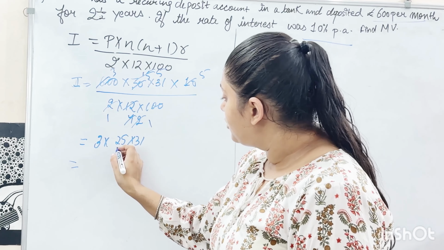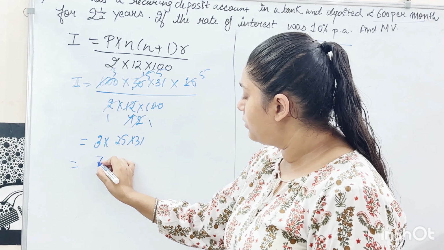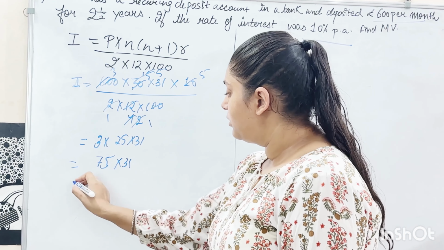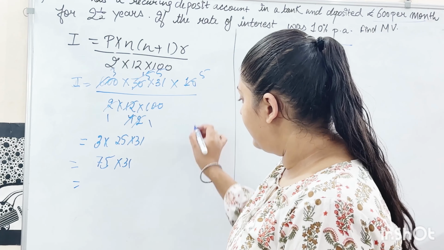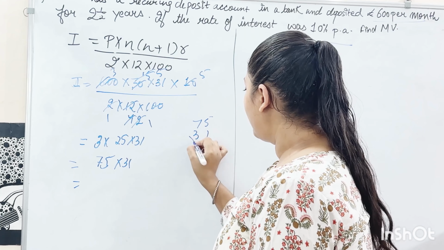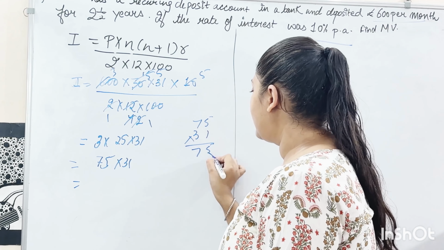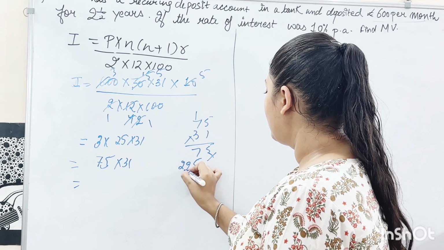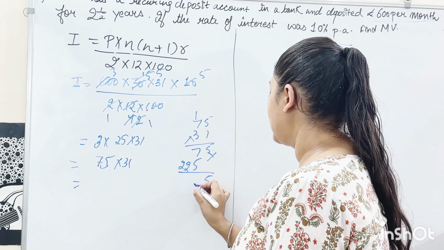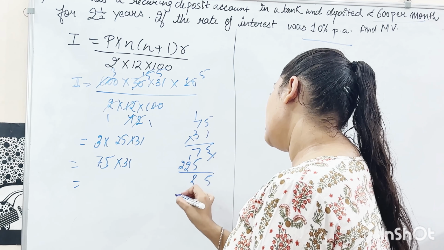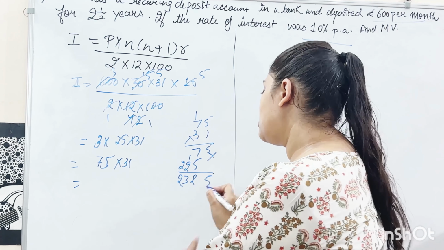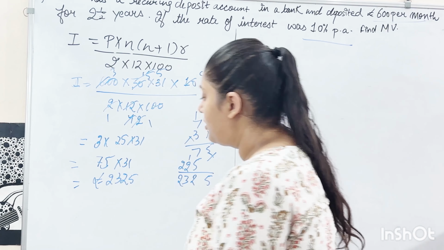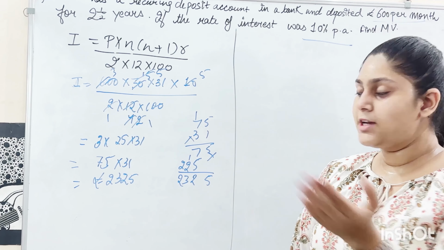So it will be 75 into 31, let me do it, 75 times 31, which gives 2,325. You can also check with the answer given at the back, it will be the same.